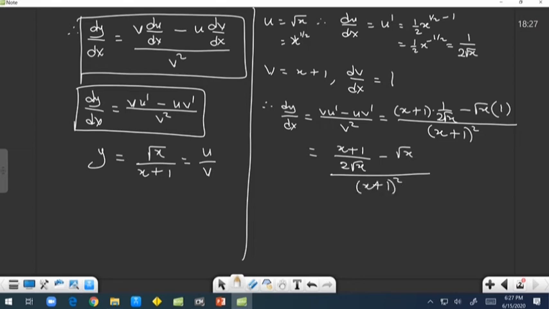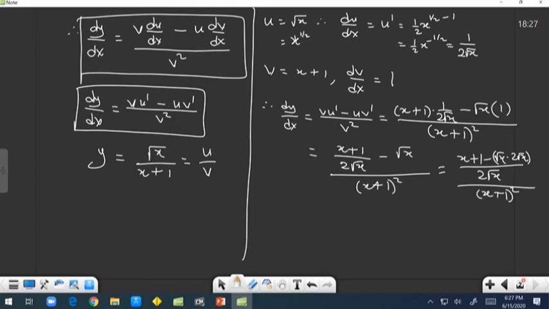So with this, we can simplify further, and we have the LCM as 2 root x. We have x plus 1 minus root x multiplied by 2 root x, close the bracket, divided by x plus 1 all squared.